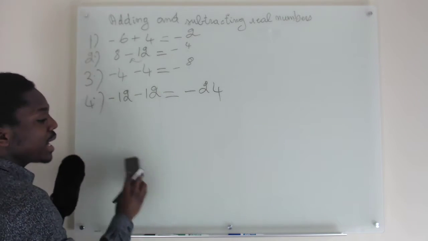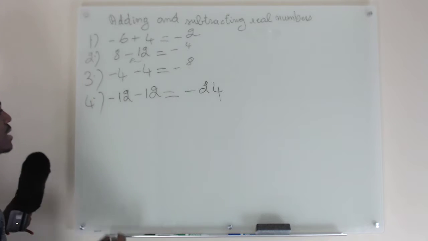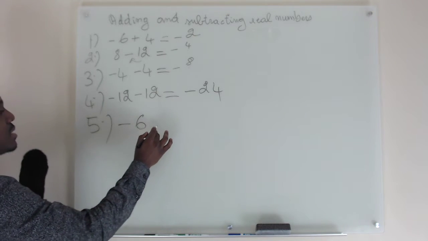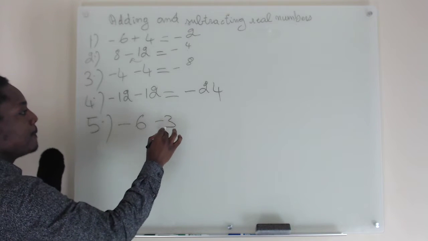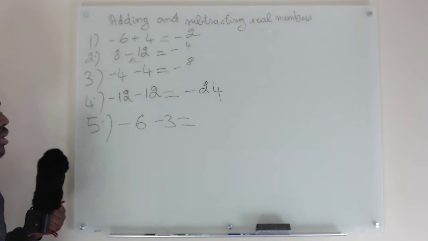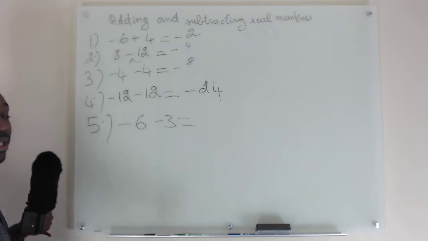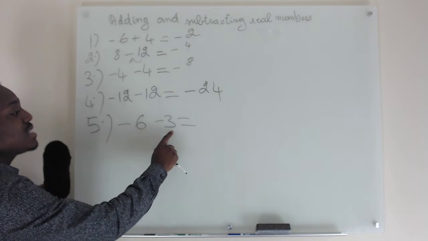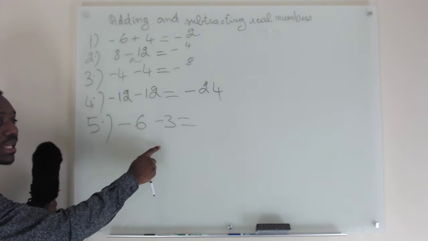Now let's try another example. Let's say we have -6 minus 3. The first thing you have to do is look at the sign of the numbers. The sign of the first number is negative, and the sign of the second number is also negative.